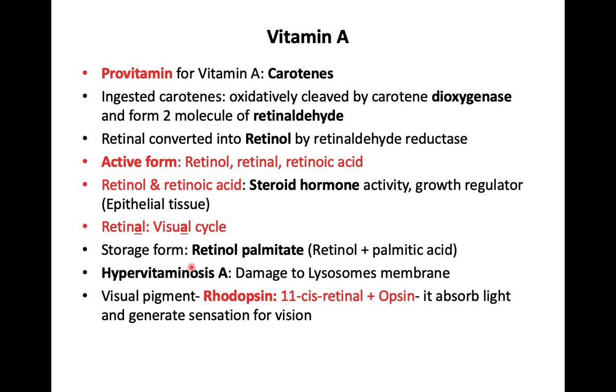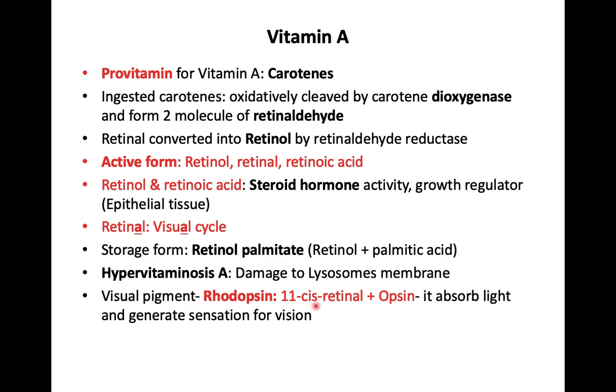The storage form of vitamin A is retinol palmitate. That means retinol will bind with certain fatty acids and then it will be stored in the liver. In the visual process, the pigment responsible for vision is known as rhodopsin. I repeat, rhodopsin. This rhodopsin is made up of opsin and 11-cis retinal.